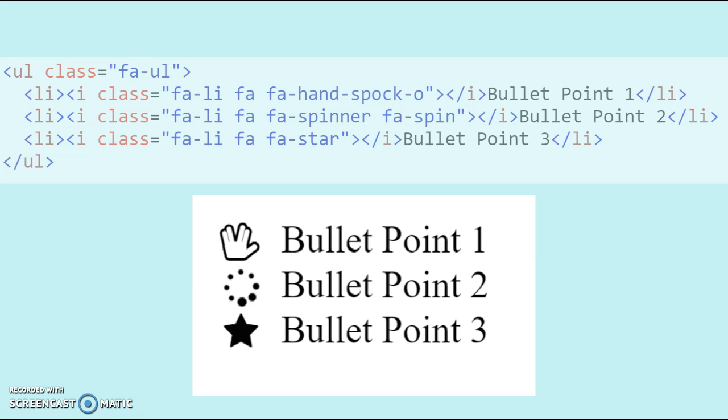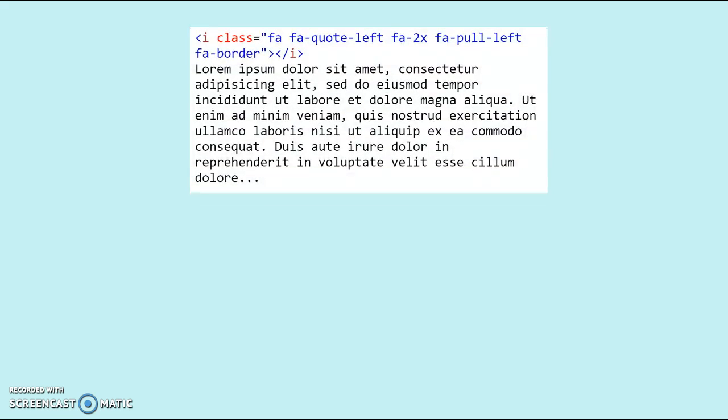Another way to use the icon is to use it as a graphic in your design. So in this case, I have it in a paragraph element, and you see again I use the I element to include it, and I have my FA quote left, etc. And it's a little bit longer because I have it stacked.